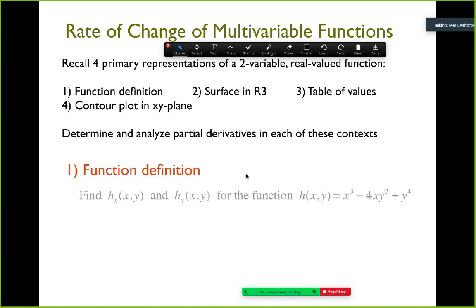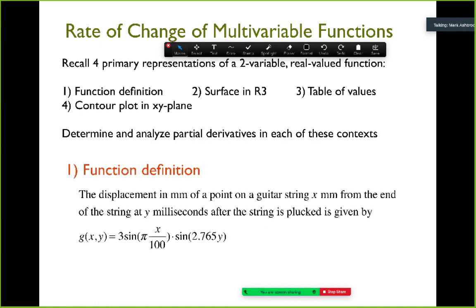So I want to go on to this one first. Here's a cool multivariable function, and it gives the displacement on a guitar string at different locations on the guitar string and different times since we plucked the string. So let's draw a picture here. Here's our guitar string, it's fixed at the ends.